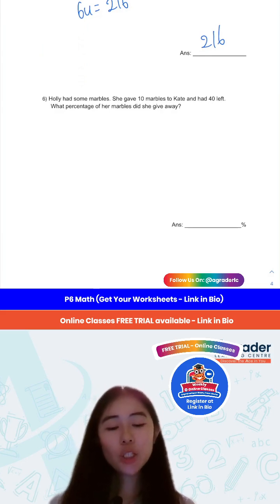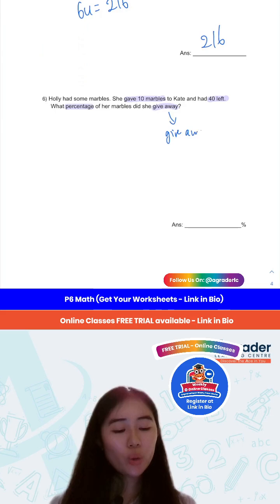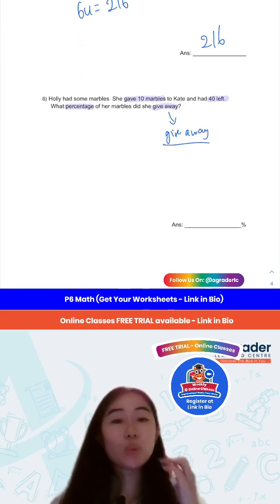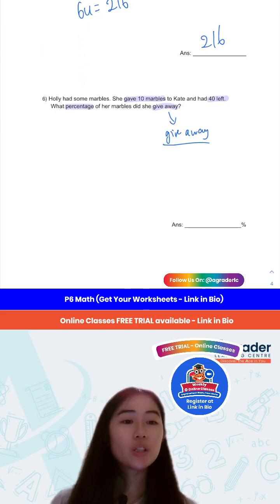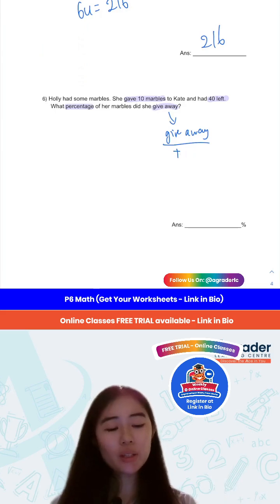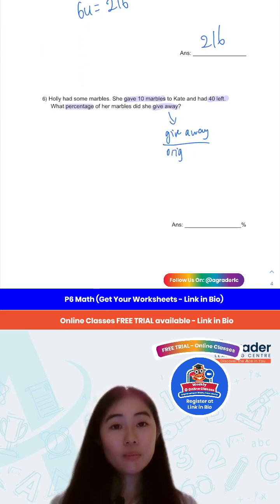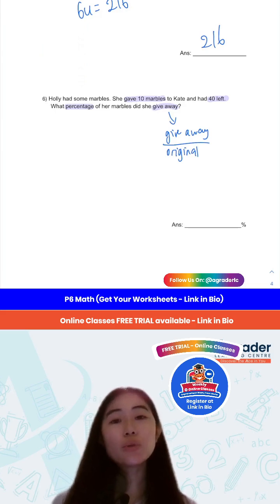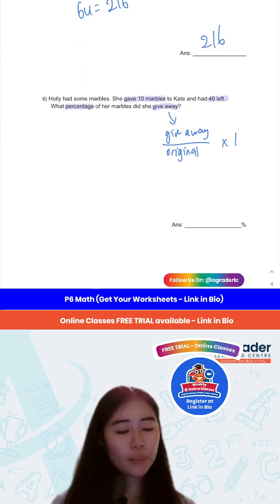So for this question, Holly had some marbles. She gave 10 marbles to Kate, and then she had 40 left. So what percentage of her marbles did she give away? The number that she gave away will be the numerator. Your denominator needs to be the total, or the original amount in this case. So you need to form this fraction first, then you can times 100% to change it to a percentage.